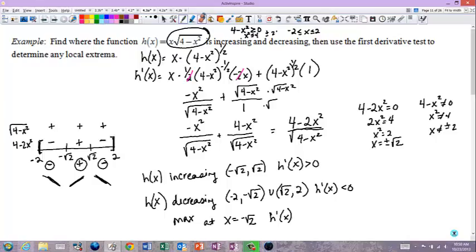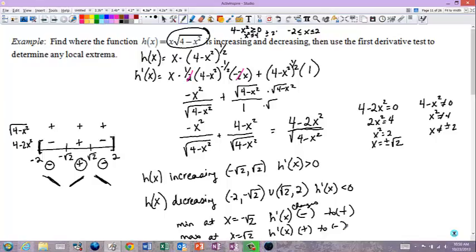I don't know why I wrote max. I was just kidding. Min. H prime of x changes from negative to positive. And then a max at x equals the square root of 2 because h prime of x changes from positive to negative.